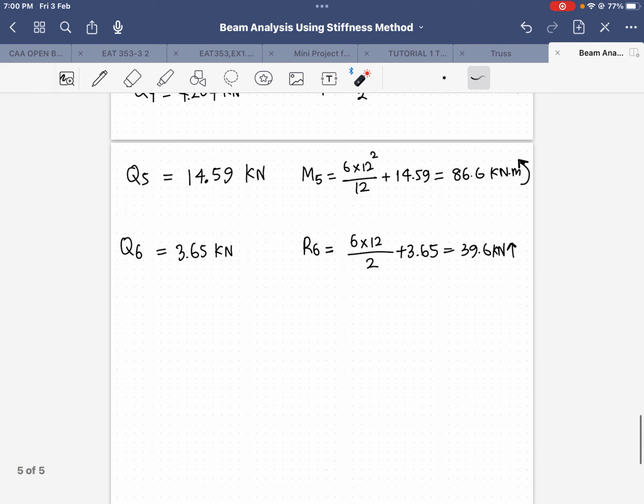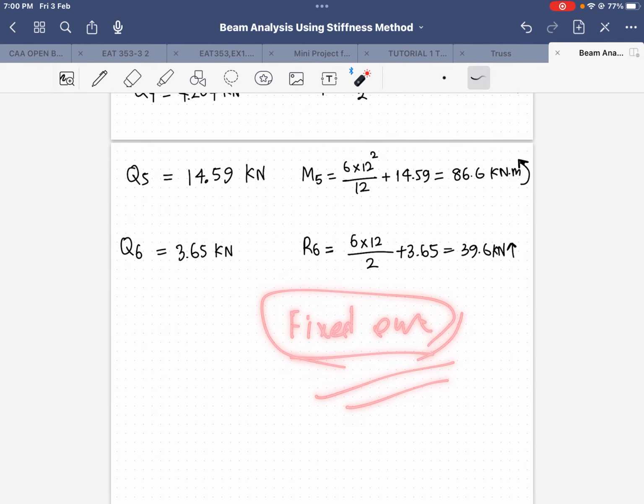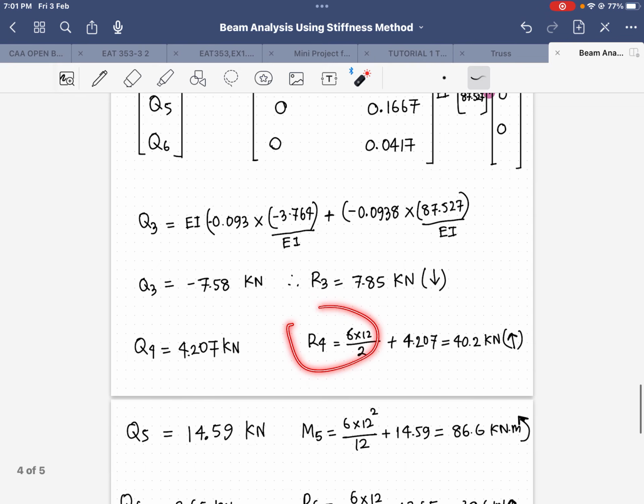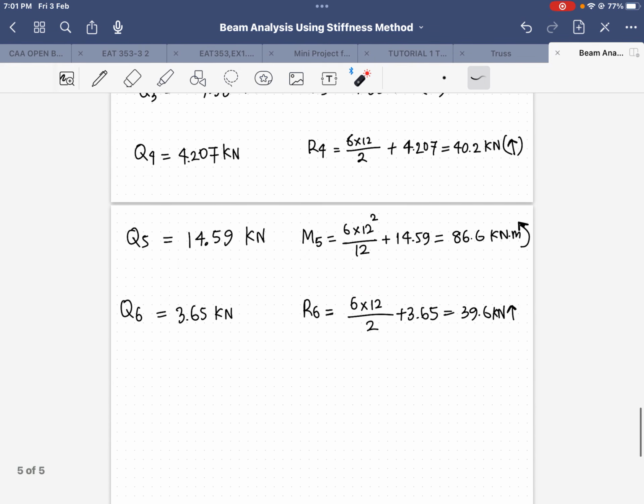The Q6 will follow the same things, but in Q6 we have the UDL and it is fixed in, right? So we have the same formula in this case, like R4. This is 6 kilonewton per meter, the UDL load, and 12 is the distance, divided by 2, and we will add the external loads.